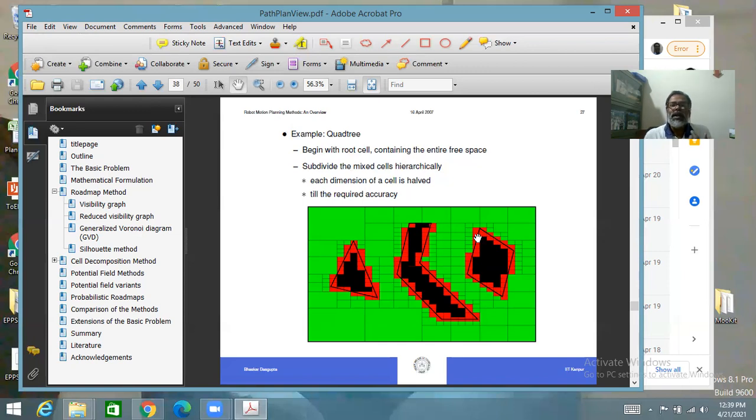Okay. So this way, what will happen is that these huge free cells will not require a lot of storage, and each one of them will be sitting as just one node in the graph. Okay, and therefore the graph will not be unnecessarily loaded. So you will save memory, you will save processing.